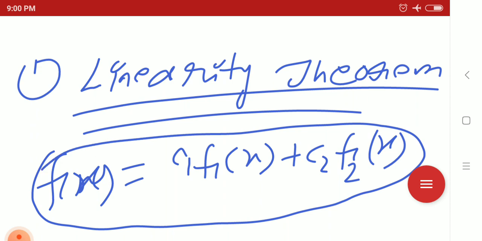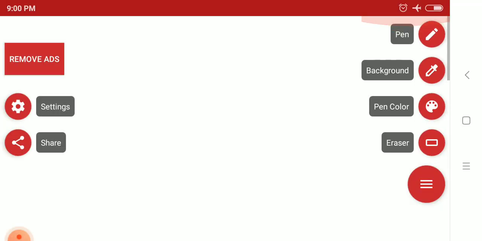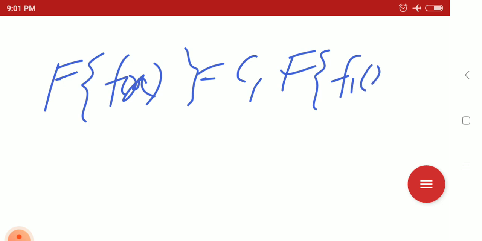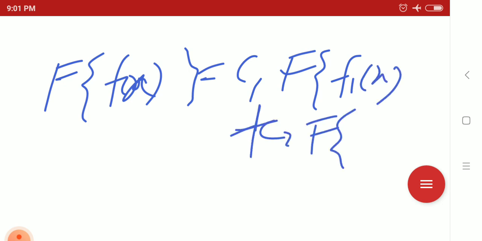If you have the function f of x equals c1 f1 of x plus c2 f2 of x, what will you do? The Fourier transformation of that function will be c1 times the Fourier transformation of f1 of x plus c2 times the Fourier transformation of f2 of x.